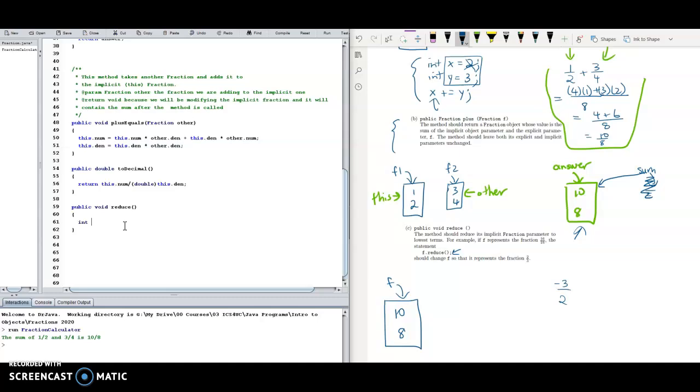So let's go int posnum, which is the variable name for the positive numerator, and we're going to assign that the value of math.abs. Hopefully you remember that's the absolute value of the numerator. Or we can put num there, or we can put this dot num, either way. And so that makes it positive.